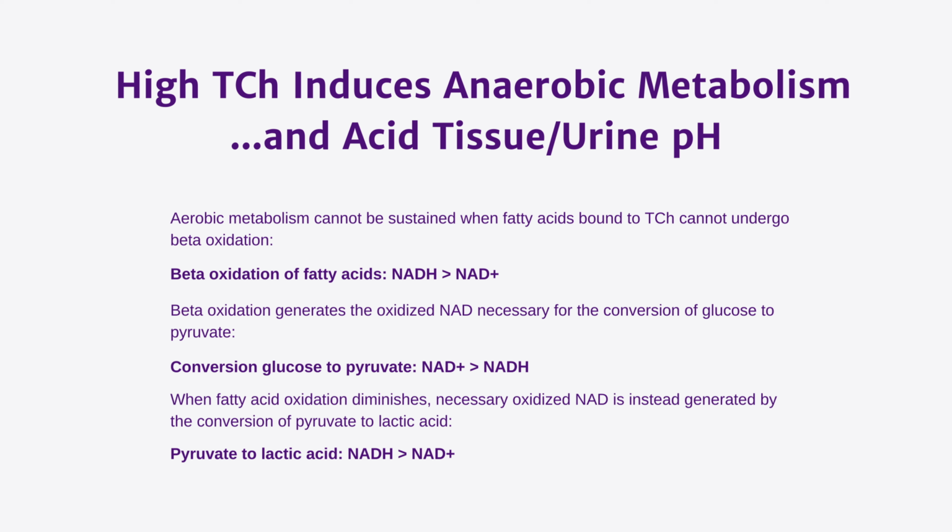Beta oxidation generates the oxidized NAD necessary for the conversion of glucose to pyruvate. When fatty acid oxidation in the electron transport chain diminishes, necessary oxidized NAD is instead generated by the conversion of pyruvate to lactic acid.